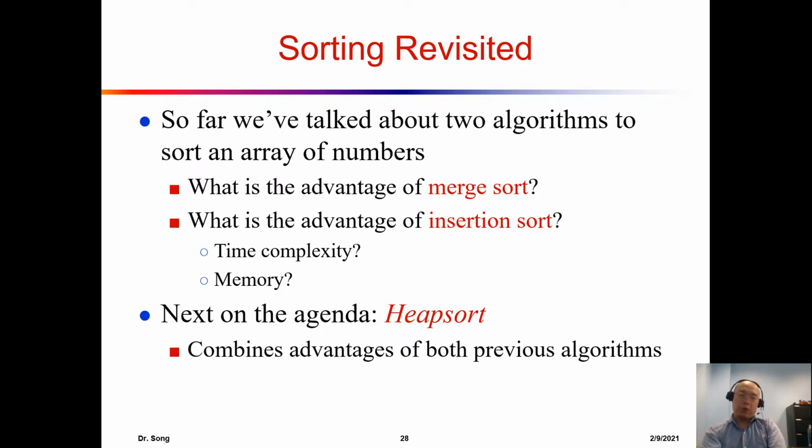And how about merge sort? Merge sort, we say that is n log n. So n squared versus n log n, which one is faster? By saying it is faster, we mean when n is larger, which slope is slower?